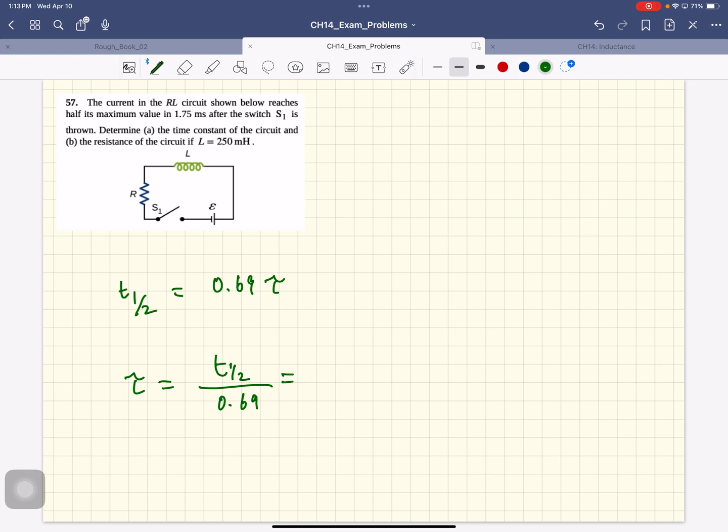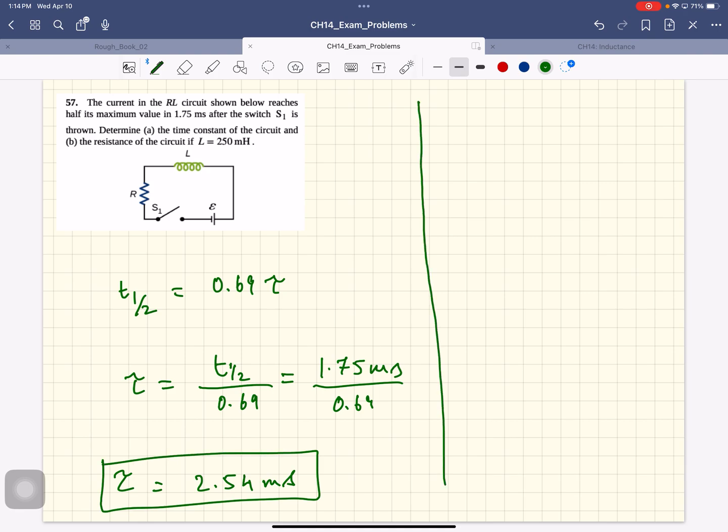So t half is 1.75 milliseconds. So the time constant is that, and the time constant is related to L and R like this. So R would be L over the time constant.